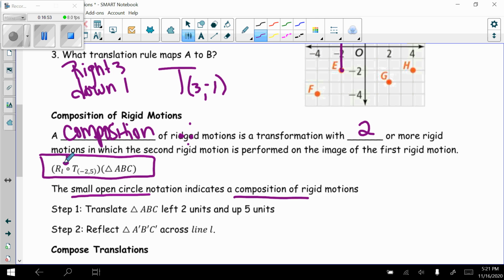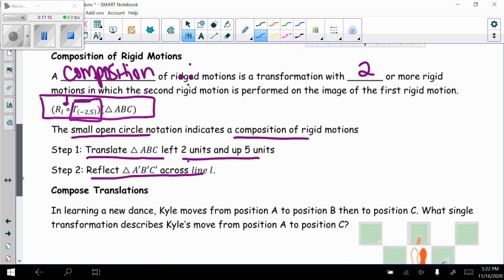So step number 1, we start with the second one. We would translate triangle ABC left 2 units and up 5 units. After we have done that, we reflect triangle A'B'C' across line L.